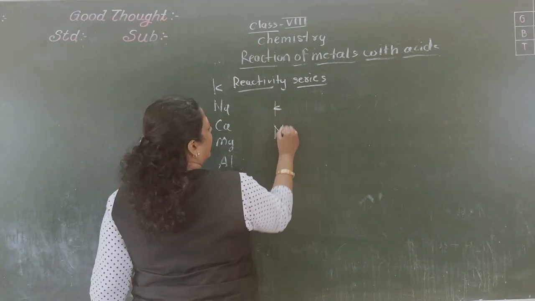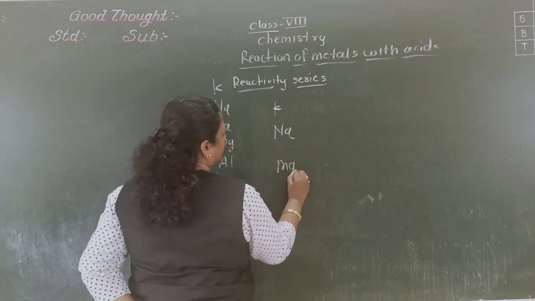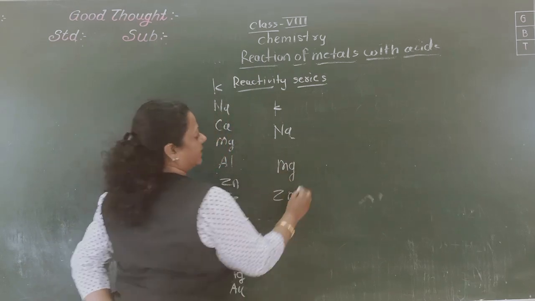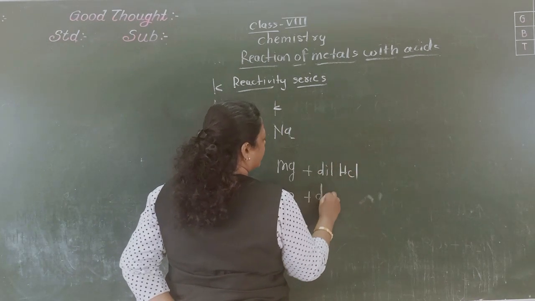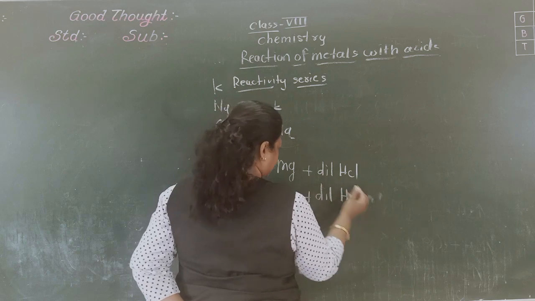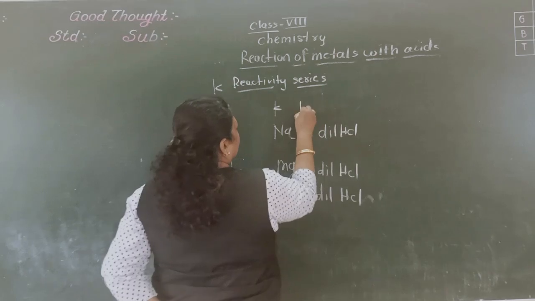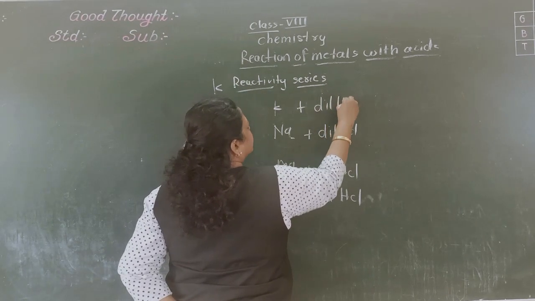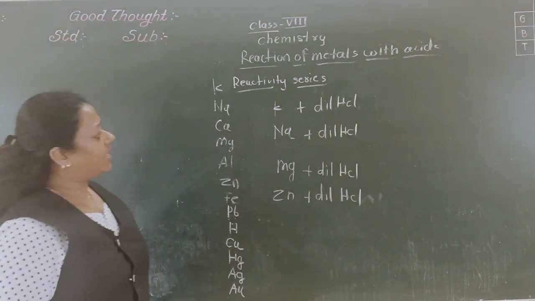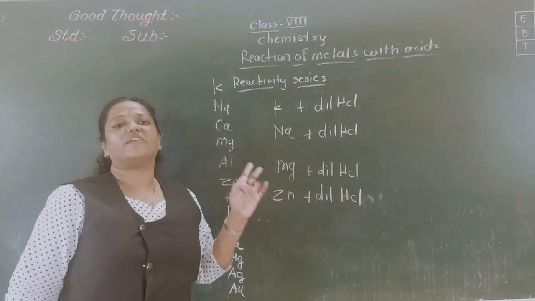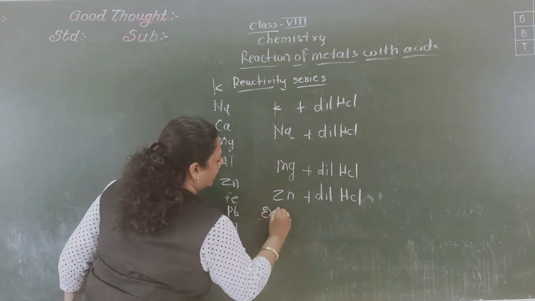Suppose K and sodium, compared with magnesium or zinc, reacting with dilute HCl or dilute H2SO4. Now here you can understand which reaction will be more vigorous or which reaction will be more exothermic.